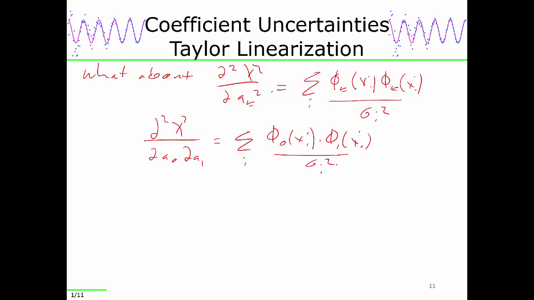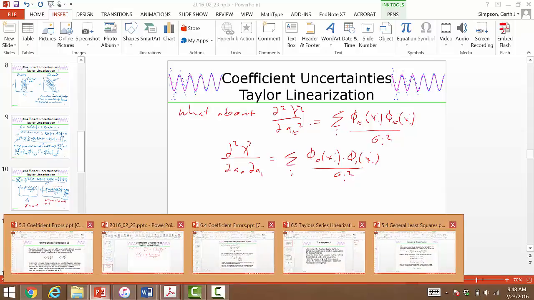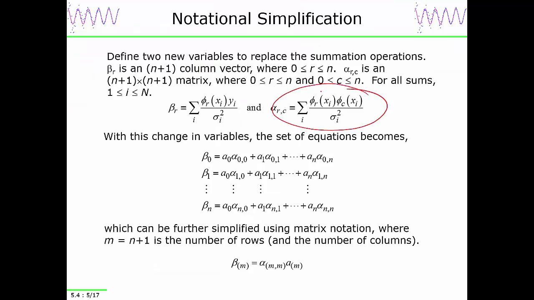Now, why do these look familiar? That's exactly what's in alpha. Alpha is just second derivatives of chi-squared space.